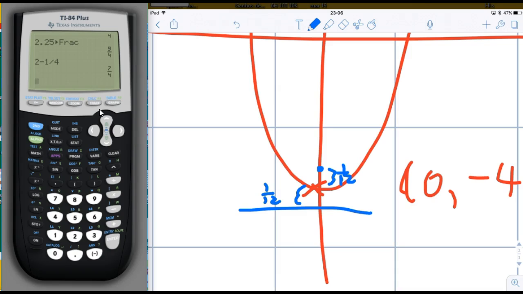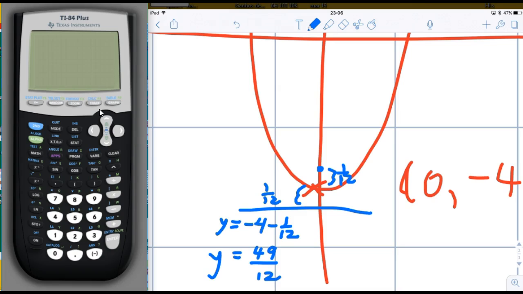So if the vertex is 0, negative 4, that means the directrix is y equals negative 4 minus an additional 1/12, which is equal to negative 49/12. Okay, you can confirm that on the calculator if you need to.